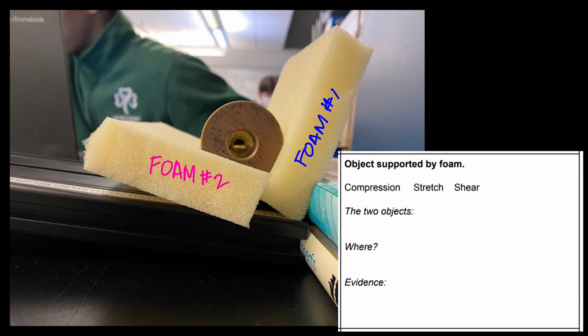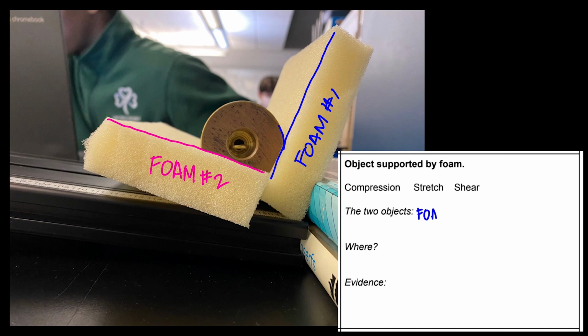All right, so foam number 1, we see that the outline of the foam number 1, and then the object is kind of like pressing into the foam. And the same thing for foam number 2. We see the outline of the foam, and we see that the object kind of sinks into the foam, right? And so we'll take a look. You can choose which foam you want to look at, okay?